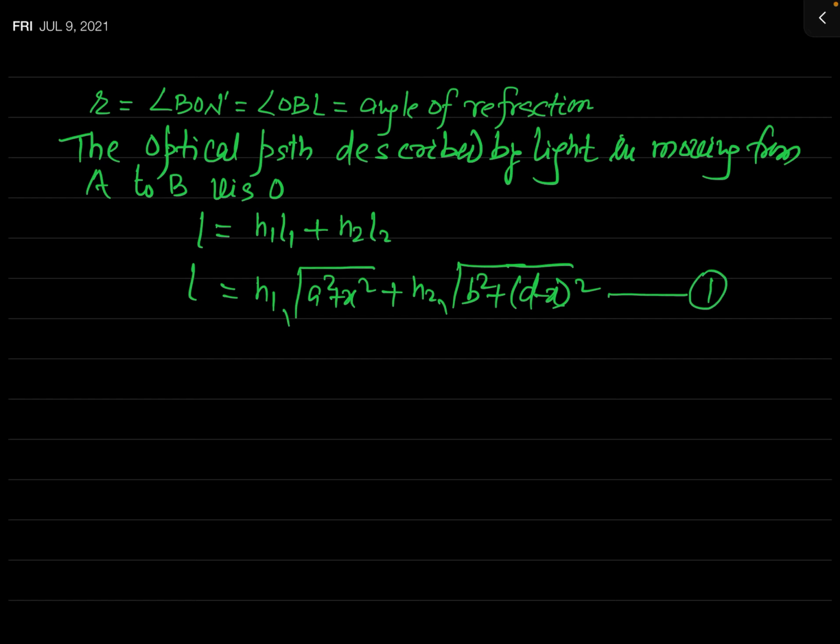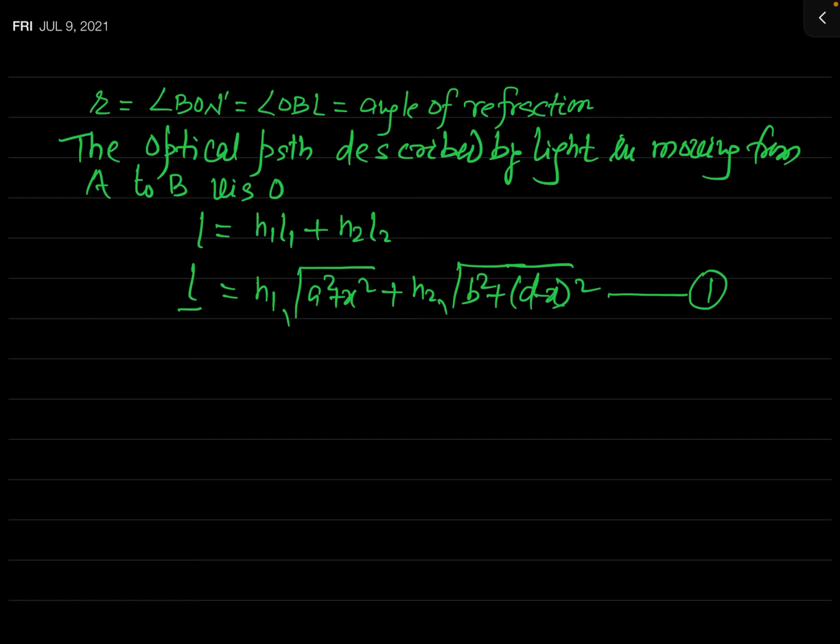Now you can see that this is the optical path. According to Fermat's principle, this path must be extremum, and so to know the condition of extremum, first of all we will differentiate this L with respect to x. Why will we differentiate L with respect to x?